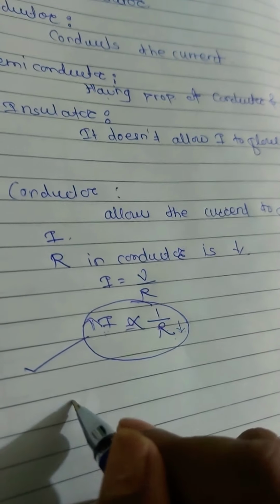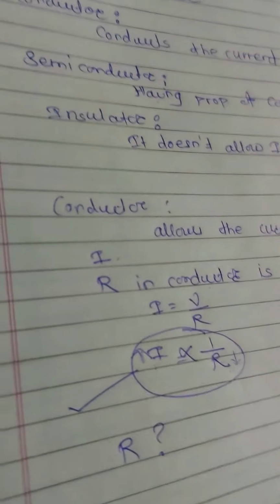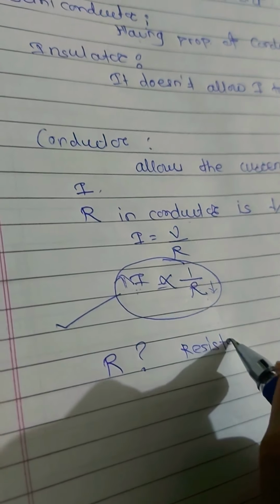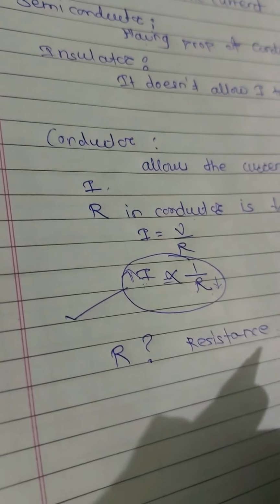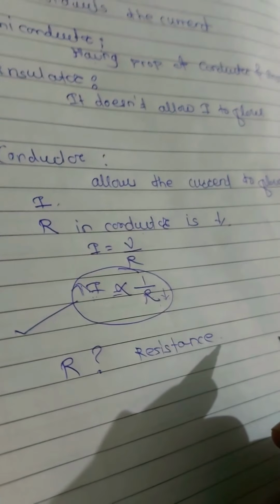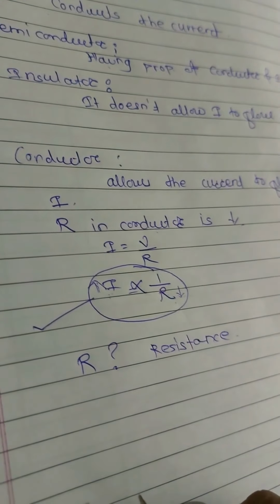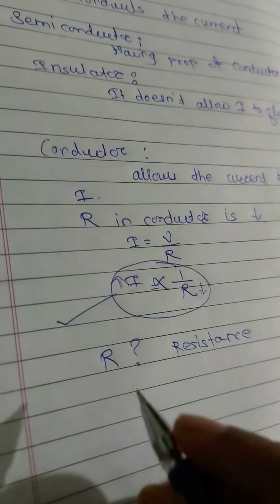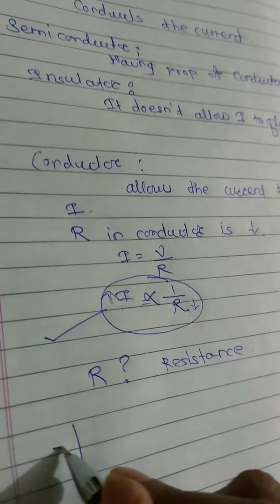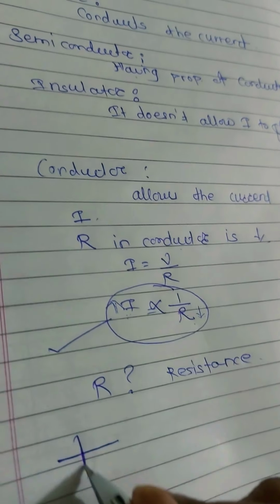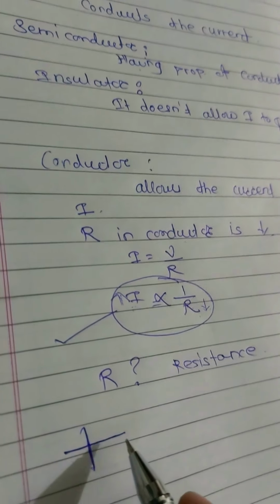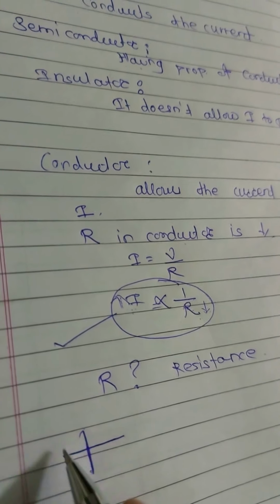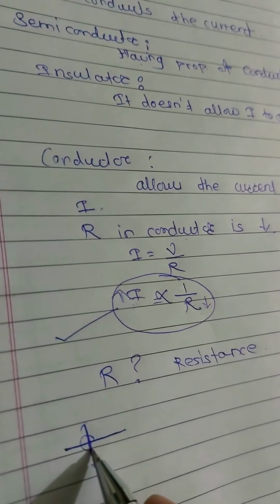Next, what is meant by R? R is nothing but the resistance, or resistor. To understand the resistor in a simple way, we will take an example. Here is the intersection of roads. From all four ways there is a road, and they meet at one point.